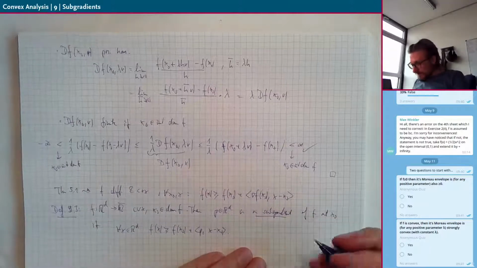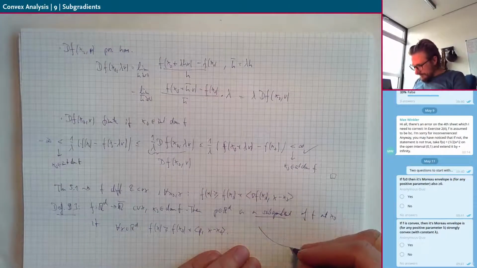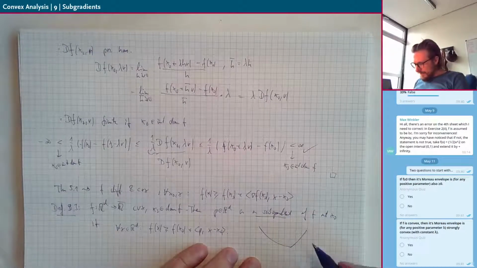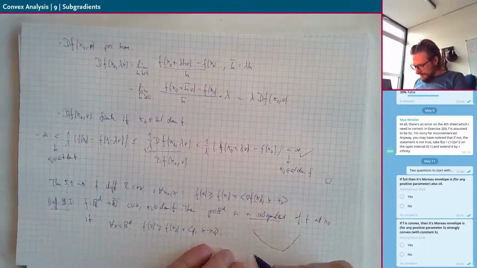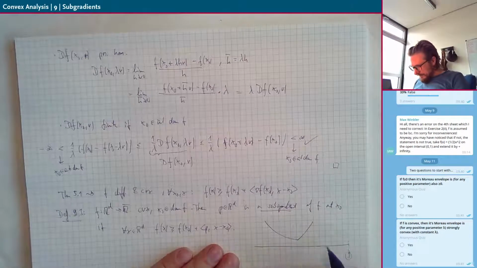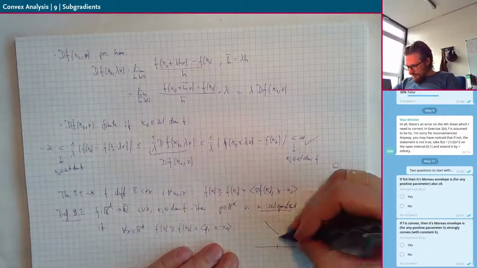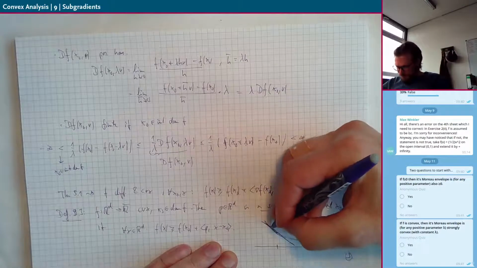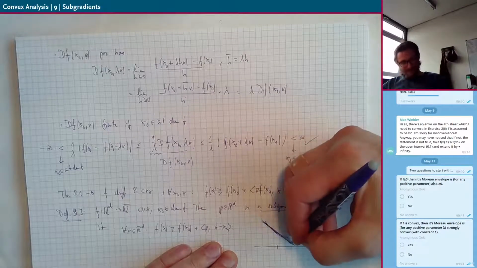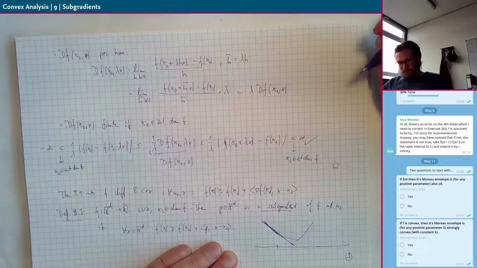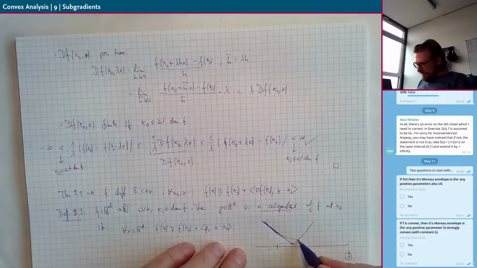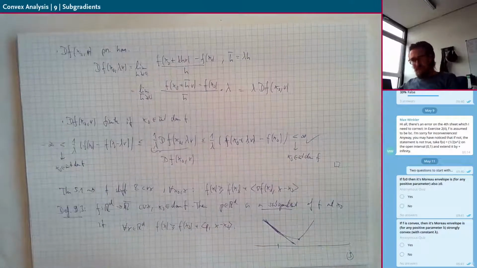In the obvious picture, you paint a convex function like this, which has a slight kink over here. At a point where the function is smooth, there's only one subgradient, which is the slope of that supporting hyperplane, in this case an affine linear function in 1D. But at the kink you have different slopes available.